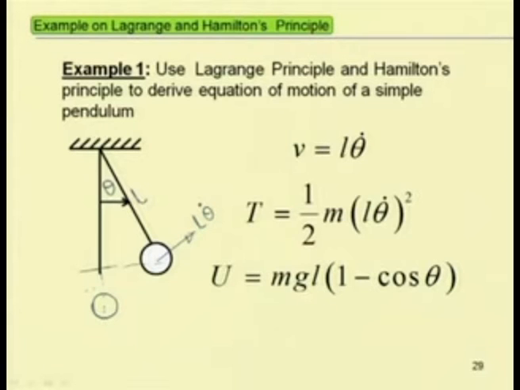So L minus L cos theta is the change in position. Due to this change in position, it possesses potential energy, and this potential energy equals m into g into L into 1 minus cos theta.